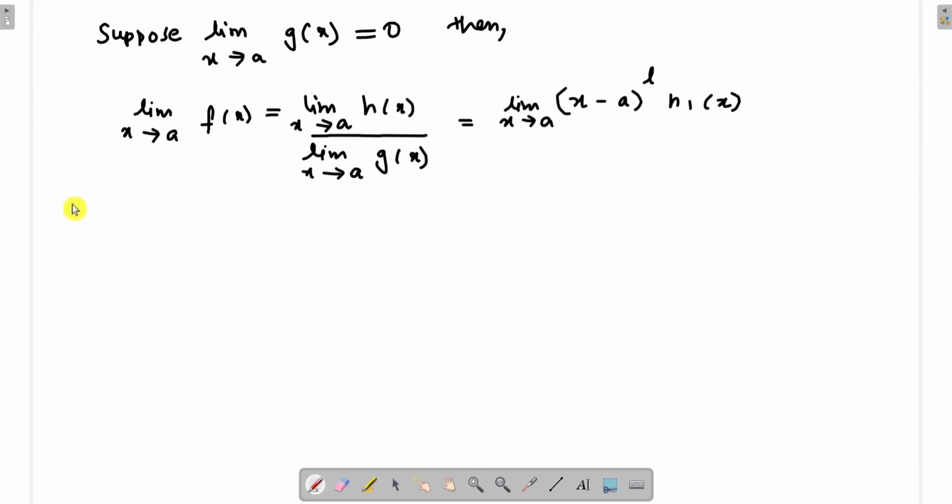Now why do we have to do this, or how can you see that we have to write hx as x minus a raised to l times h1x?